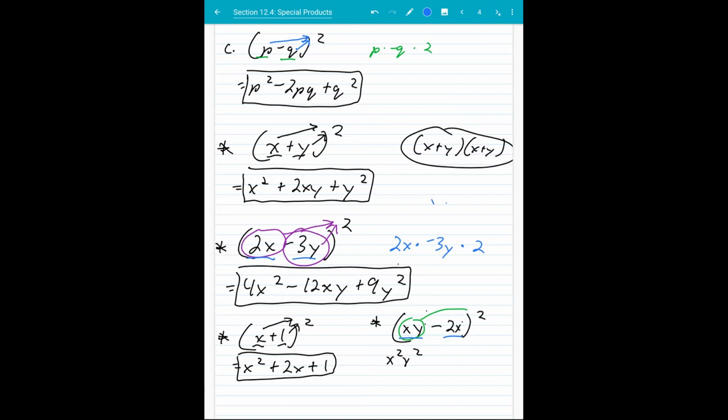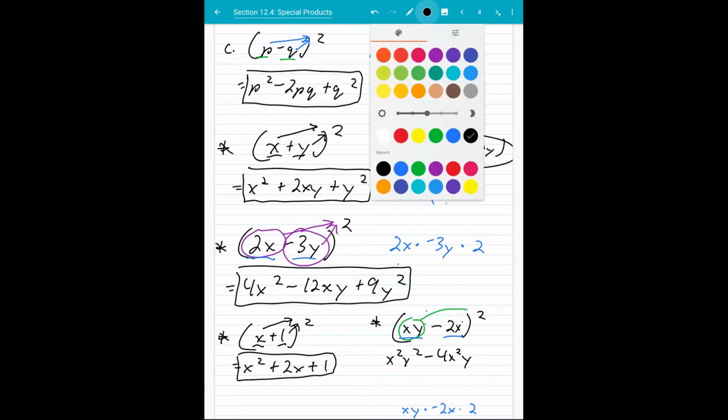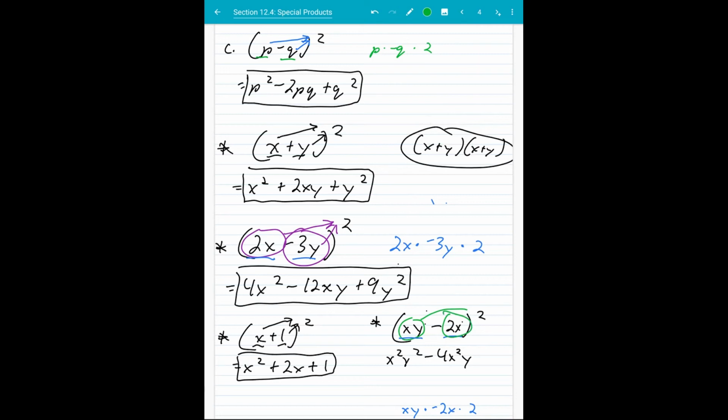So right down here, xy times negative 2x times 2. That gives us minus 4x squared y. And then the last one, we're going to go ahead and do this entire thing, well, with the negative sign, squared. And that gives us plus 4x squared. So we can simplify these binomials quicker using that method.